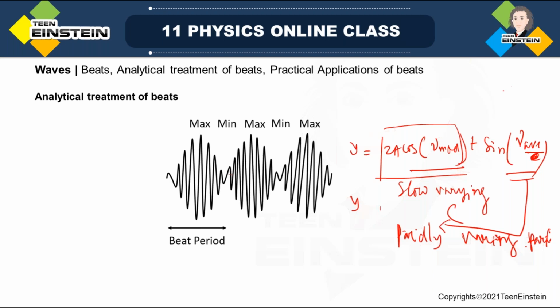If we take the 2a cos of nu mode, this will be 0 if this becomes n pi. Oh, sorry, this will be a 1.